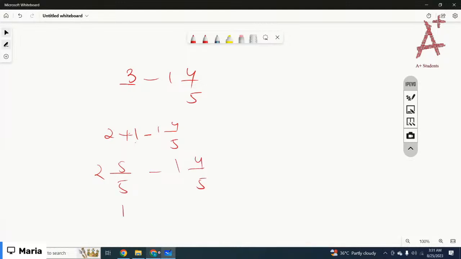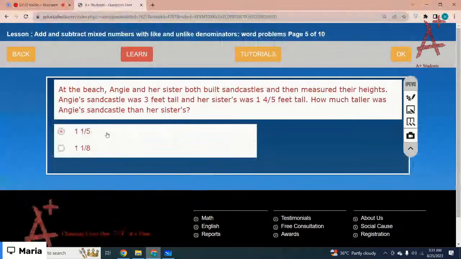Because you have to subtract, 2 minus 1 is 1 and 5 minus 4 is 1, so it would be 1 whole 1 over 5. So the correct option is 1 whole 1 over 5.